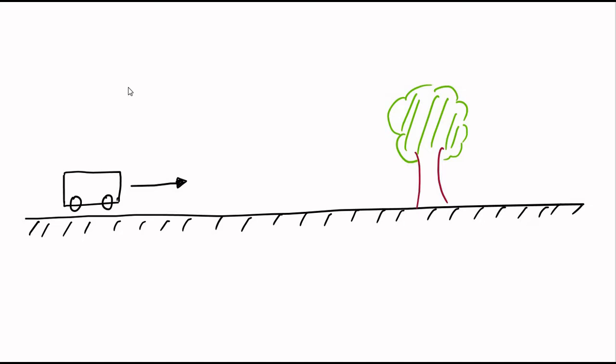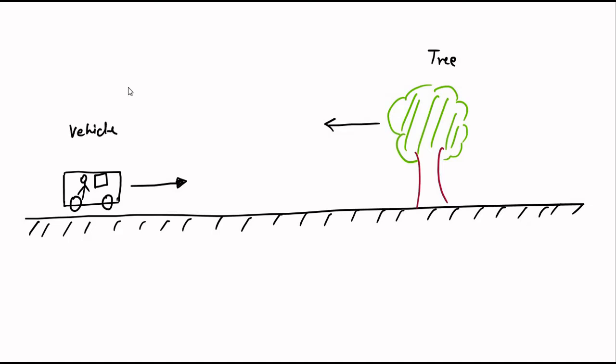If you just relax and concentrate at that moment and visualize as if the bus is stationary, it's actually the bus or the car, the vehicle, which is moving towards the tree. But to the person who is sitting inside the vehicle looking outside of the window, it appears as if the tree is moving towards the vehicle.